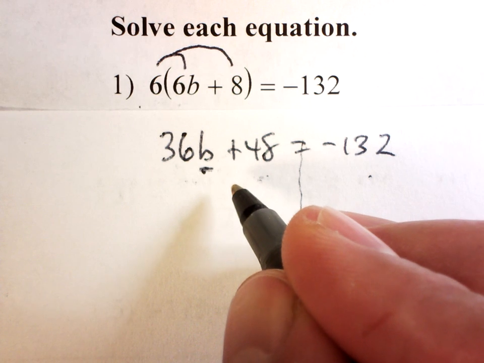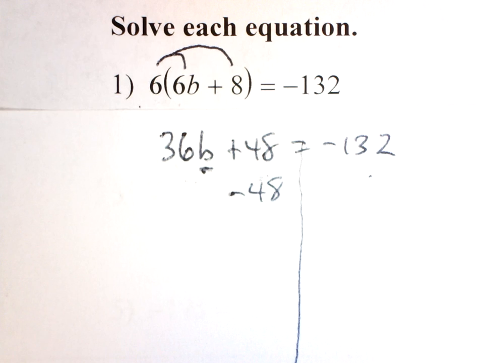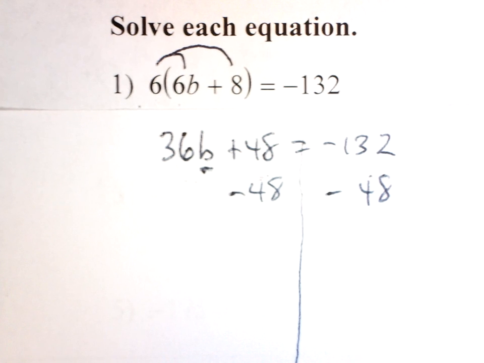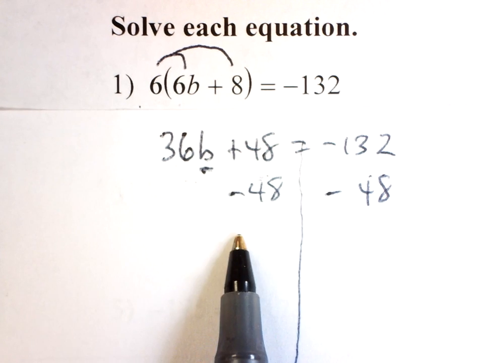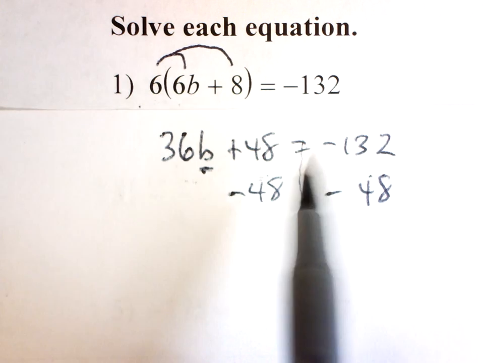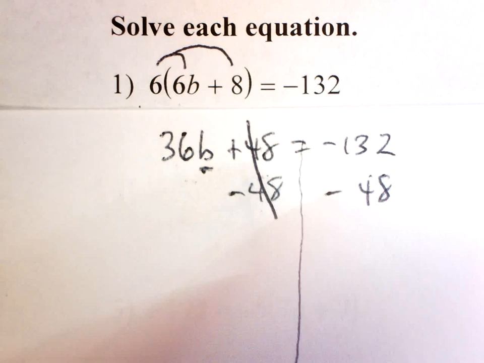So how do I undo a plus 48? I minus 48. And whatever I do to one side, I must do to the other side. I've got to keep it balanced. If I subtract 48 from this side, I have to subtract 48 from this side. So now this plus 48 and this minus 48, well, they just add up to 0.